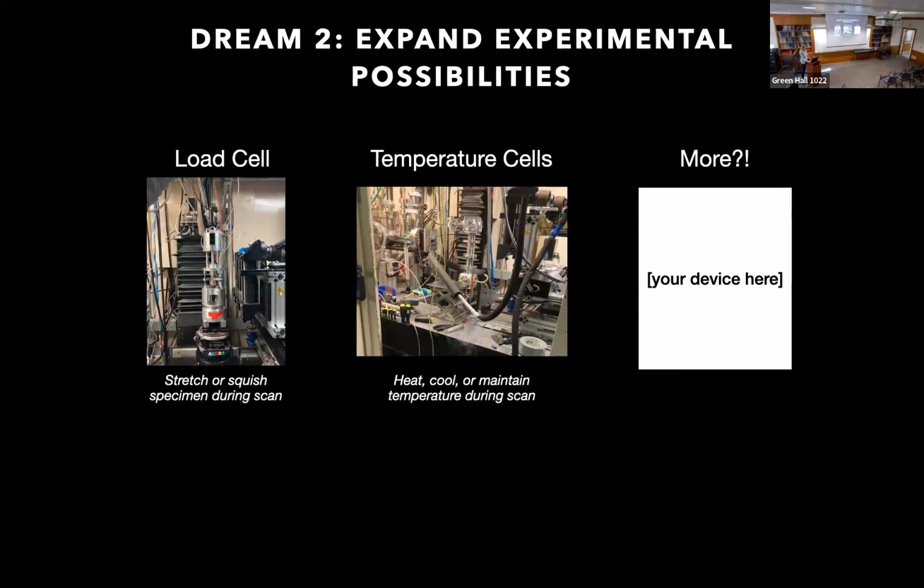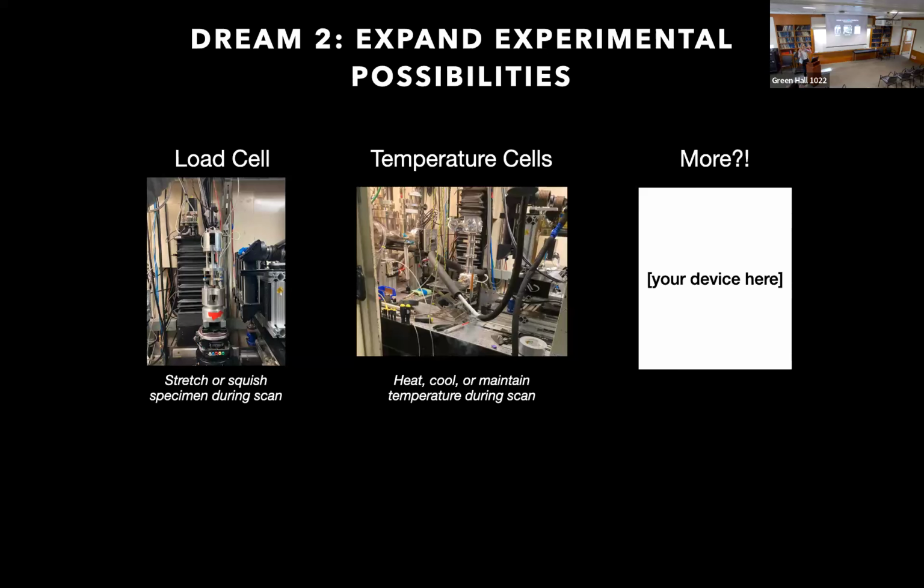I think there's a lot of things, like the cryojet that we're using, to expand the possibilities of what we could use the 3D imaging to learn about and study. For example, we have a load cell that squishes or stretches things as we're scanning them. We can run batteries in the Beamline to look at how they degrade over time.